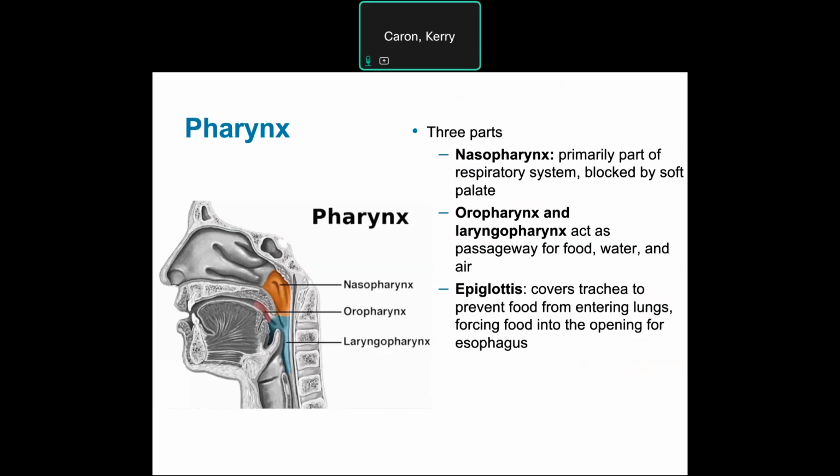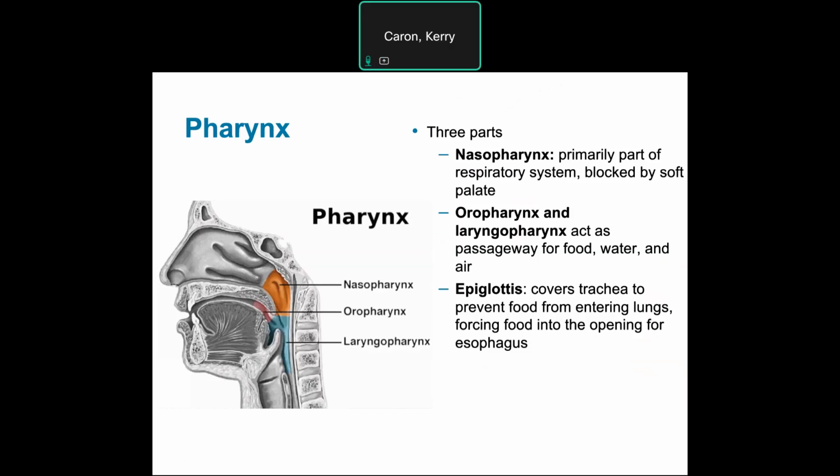After the uvula and the base of the tongue, we have the pharynx. There are three parts to the pharynx. The nasopharynx, which is, as you know from the respiratory chapter, adjacent to the nose, partially blocked off by the soft palate. Then we have the oropharynx, adjacent to the mouth, and the laryngopharynx, which is the passageway for food, water, and air.